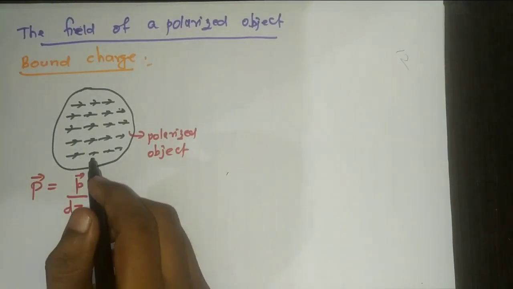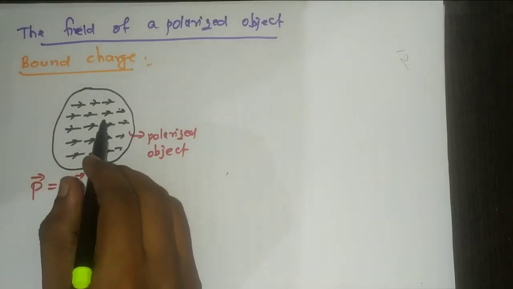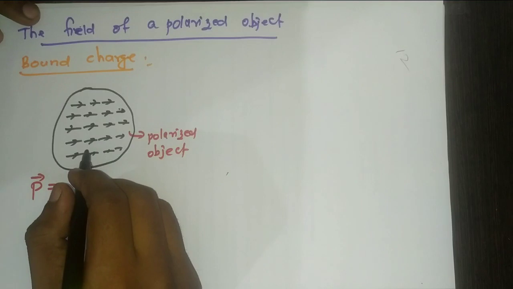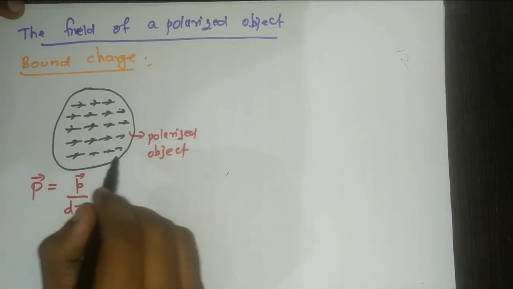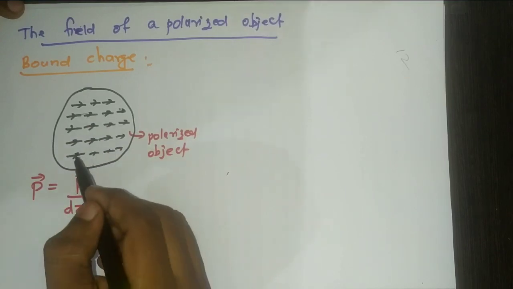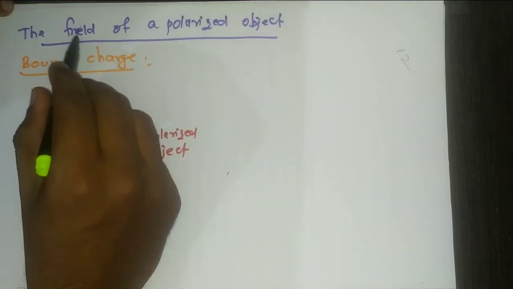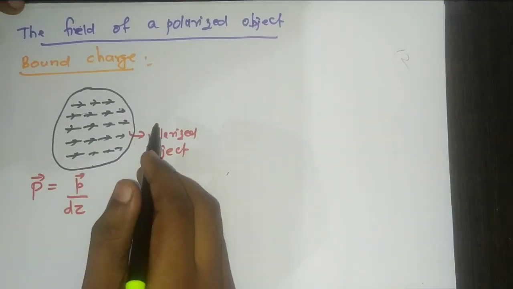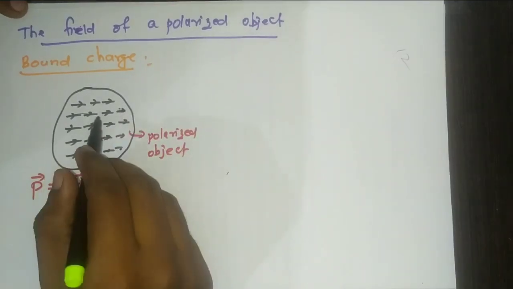Now the question is, what is the field produced by this object, or what is the total field produced because of this polarization, or what is the net field produced due to all these dipoles? That is the main heading of our discussion. Actually, the idea here is very simple.